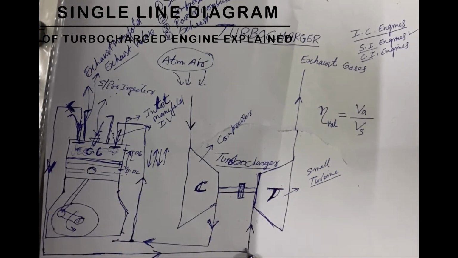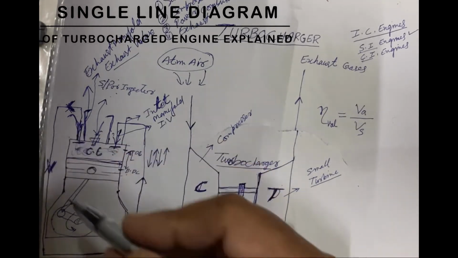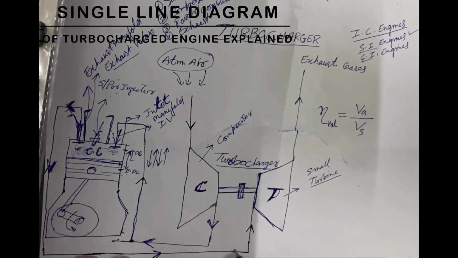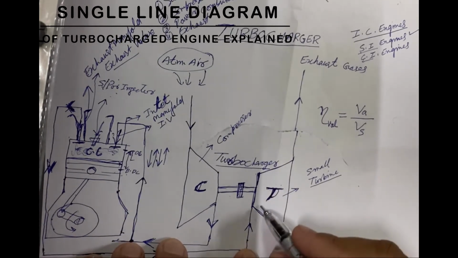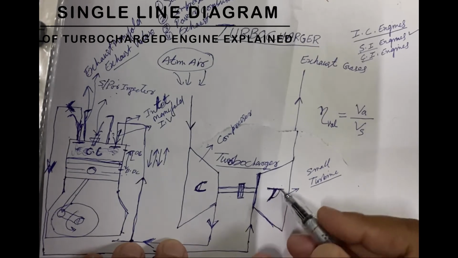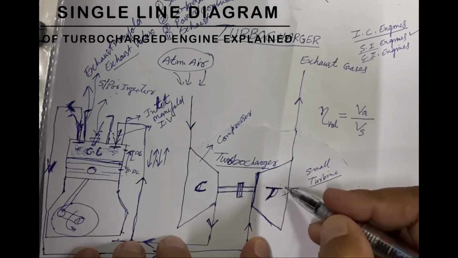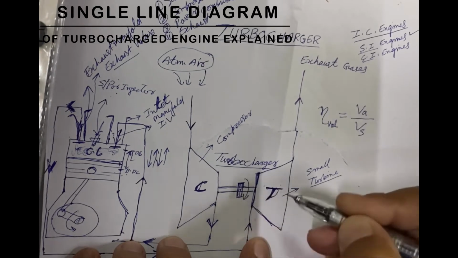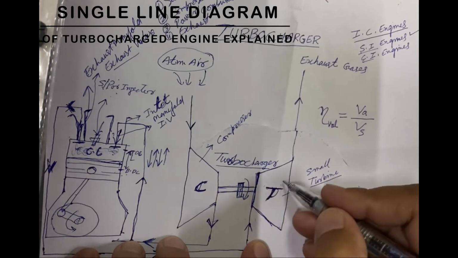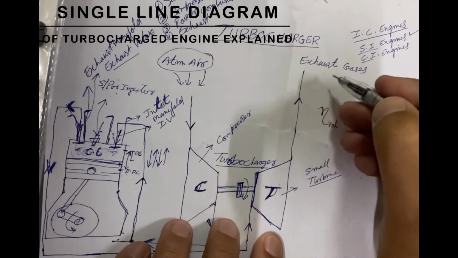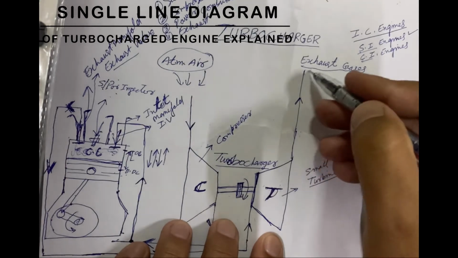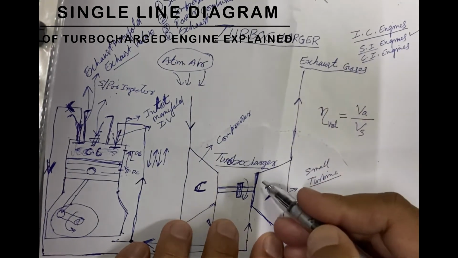Before directly going out through the silencer, these exhaust gases are passed through a small turbine T, where these gases expand and rotate the turbine. These gases having high enthalpy rotate the turbine, and then are expelled through the silencer.